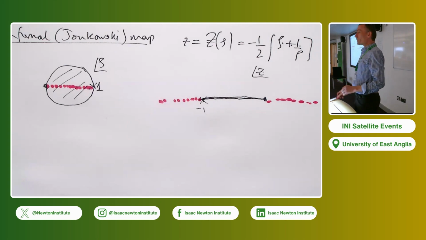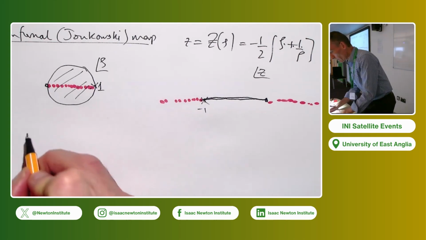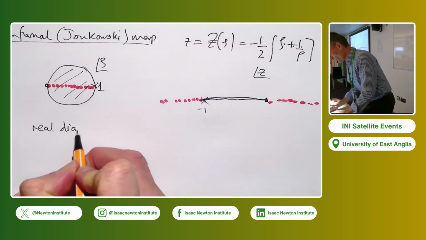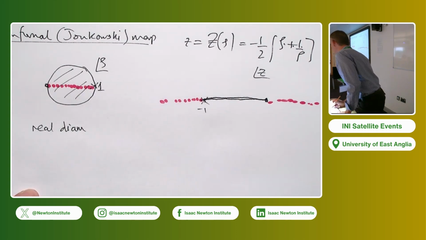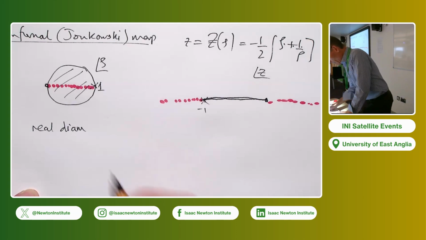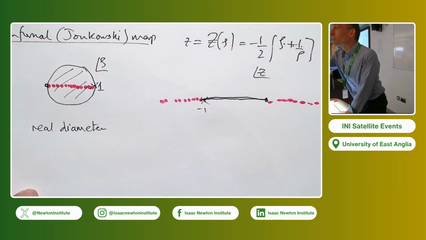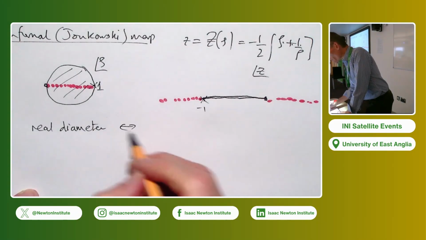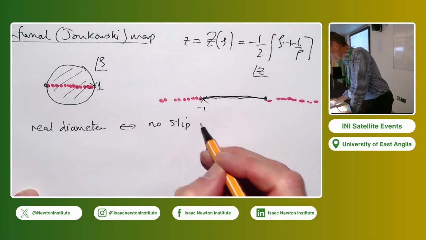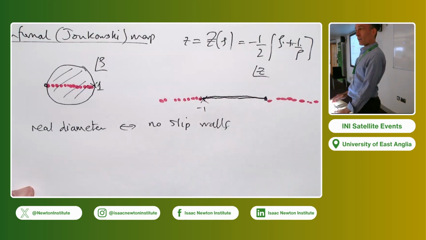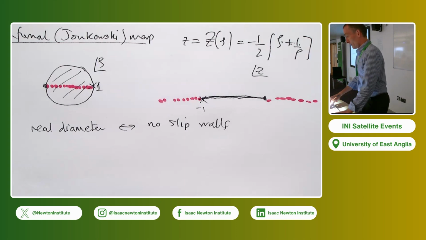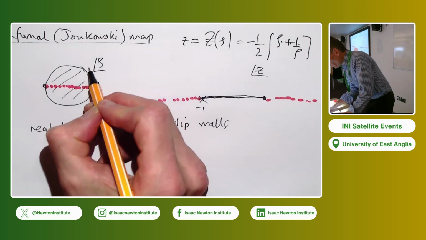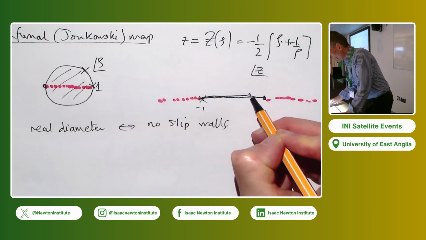So in our problem, what does the real diameter correspond to? I'm still talking about the single interface, the same problem from last time. The real diameter corresponds to the no-slip walls. And then if I've got a point here, that's like a point there.